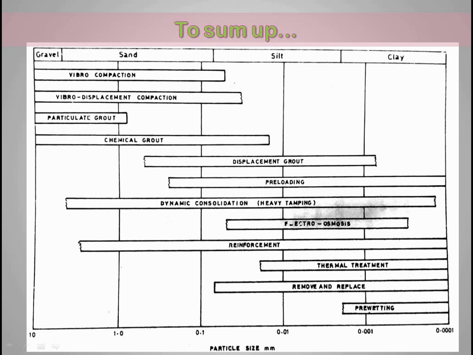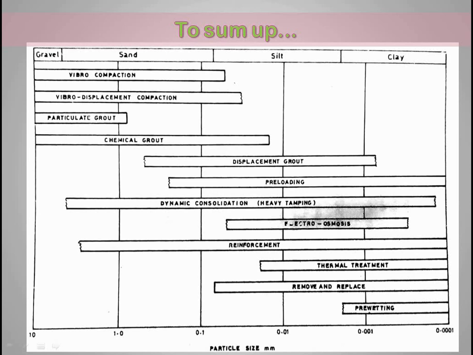Next one is particulate grout, which is very useful for soil with large voids, particularly gravel. The next type of improvement method is chemical grout, which can be used for gravel, sand, and silty soils. One more grouting technology, called displacement grout, is employed for sand, silt, as well as clay.